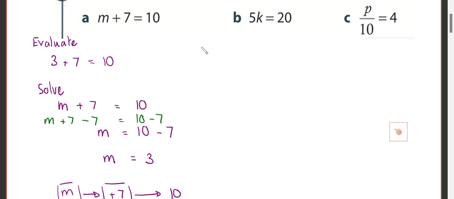Because we already know the answer, if I said to you evaluate 5 times 4, you would get the answer 20. But we're going to solve 5k equals 20. So 5 times something. So what can we do to unbuild this?